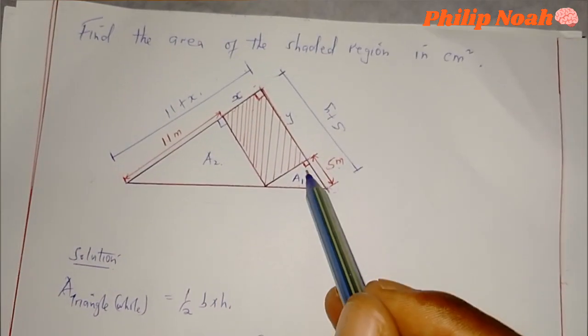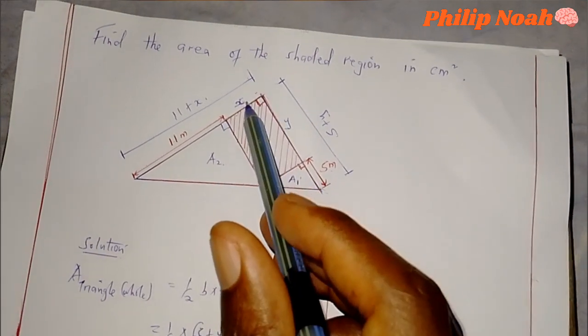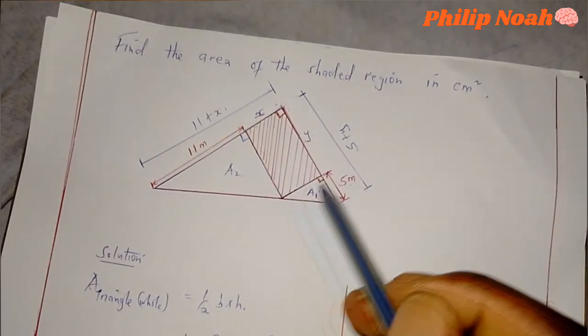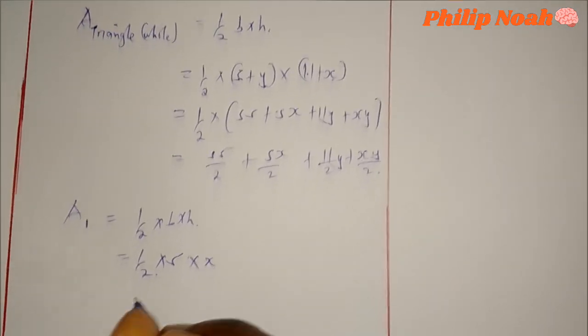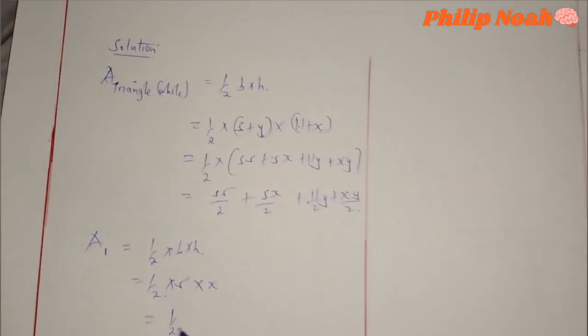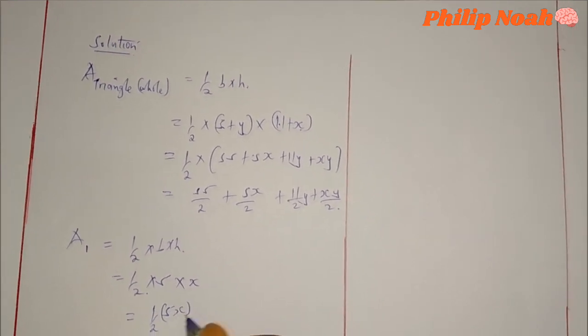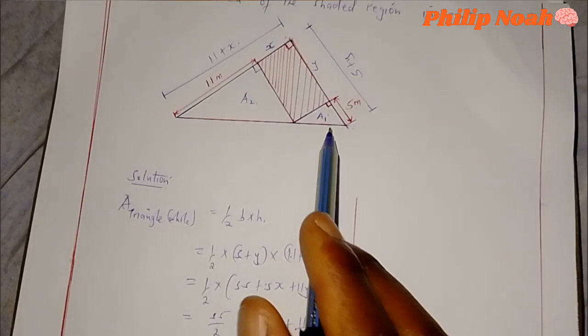The height of this triangle is this one, so this height is equal to x. From this point to this point is equal to from this point to this point. This is a rectangle. So times x, we get a half 5x. We get 5 over 2x as the area 1.